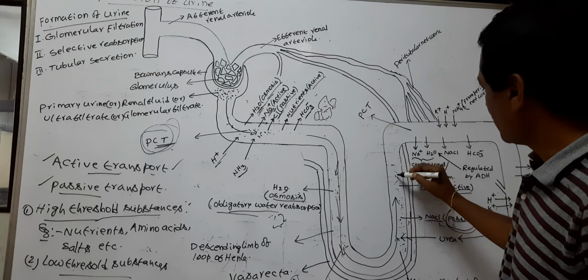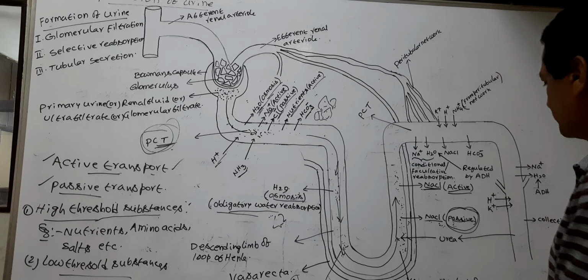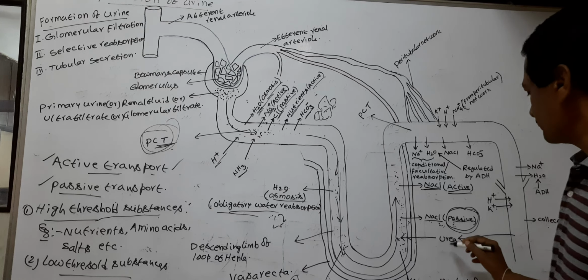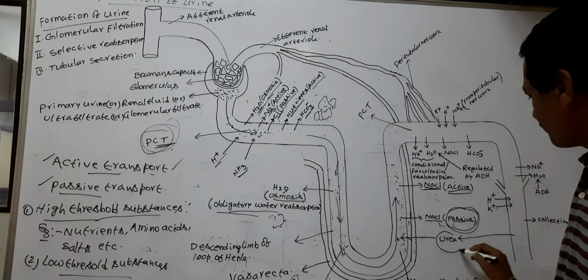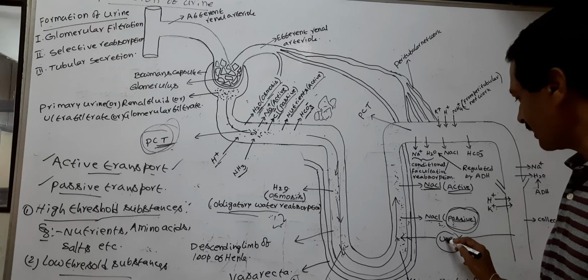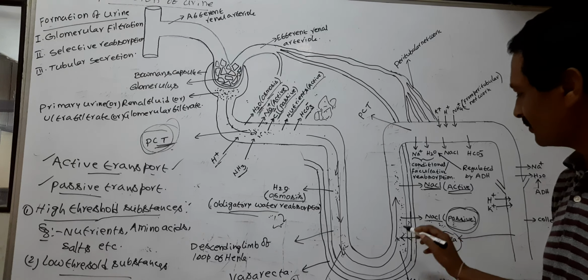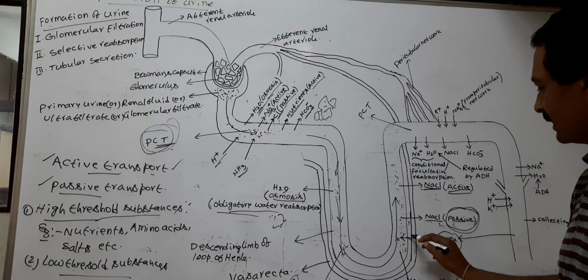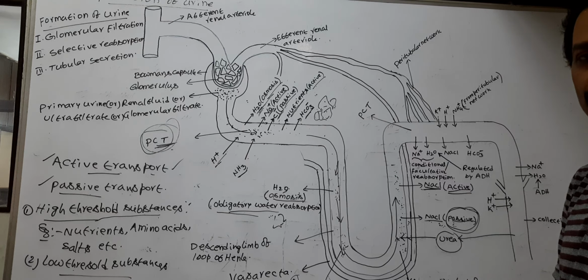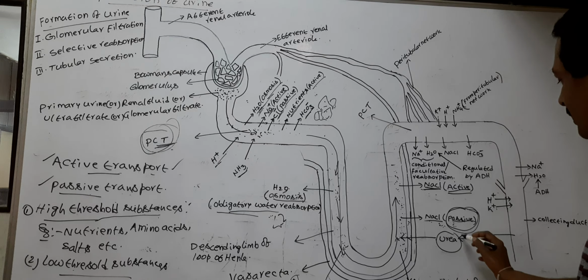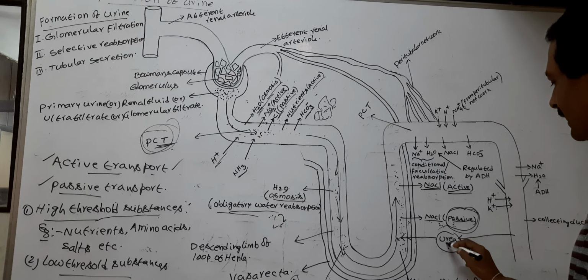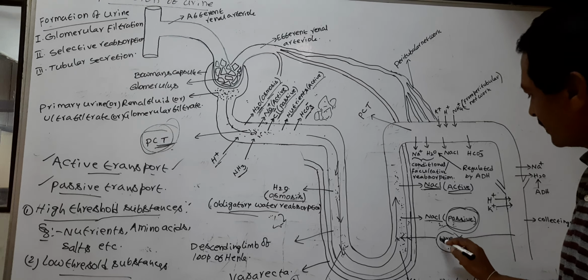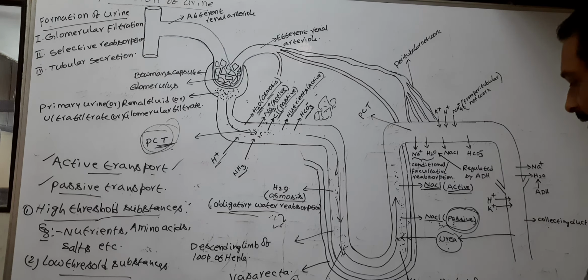Next, after absorption, a little amount of urea is secreted into primary urine of the ascending limb of loop of Henle from medullary interstitial fluid. So a little amount of urea is secreted into primary urine of the ascending limb of loop of Henle from medullary interstitial fluid.